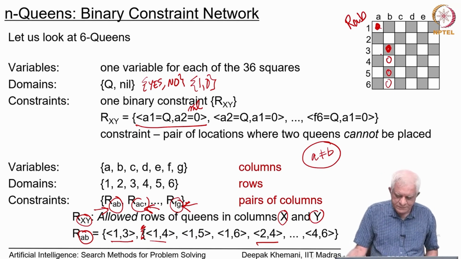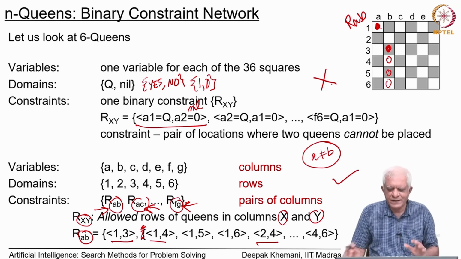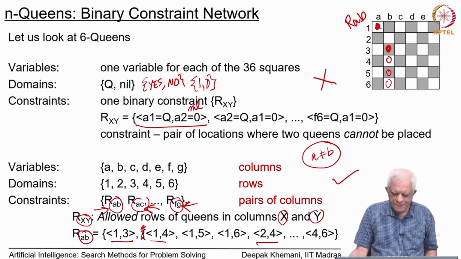So that is the formulation. This is the preferred formulation, and the other is not the preferred formulation, even though it is more intuitive. It tends to think about the chessboard as a set of variables.